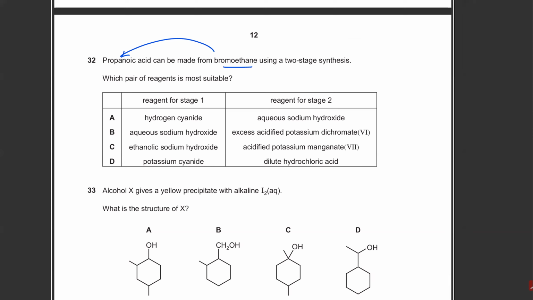The carbon chain increased by 1, so there's a cyanide involved. So it's D. Halogenoalkanes react with ethanolic KCN, and then that CN turns into carboxylic acid if you hydrolyze it, with dilute acid reflux.